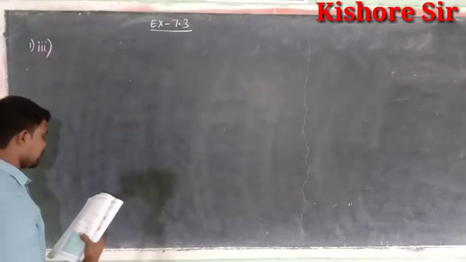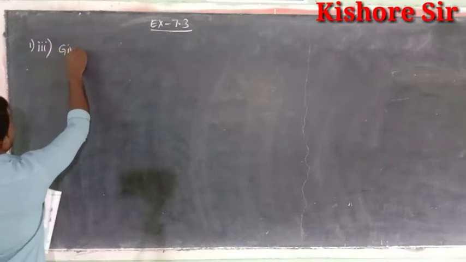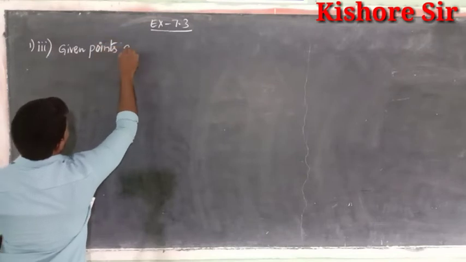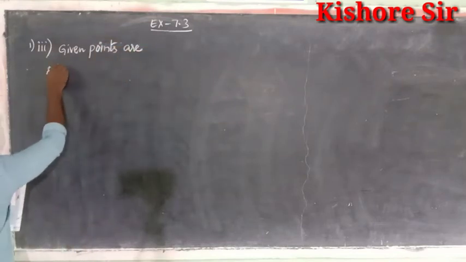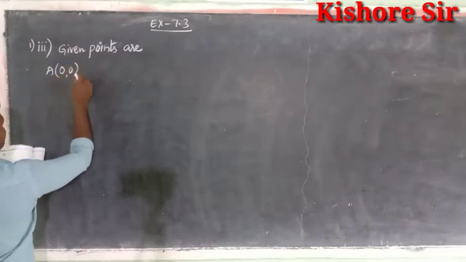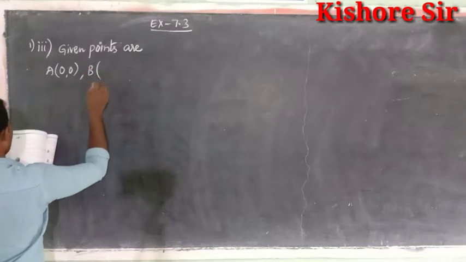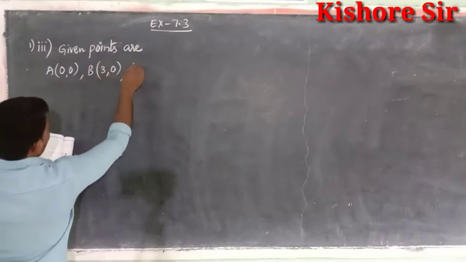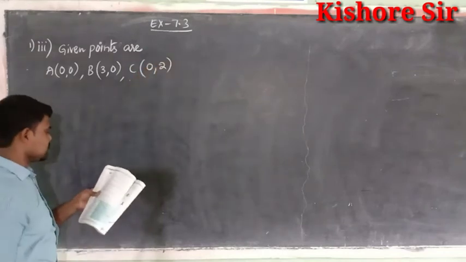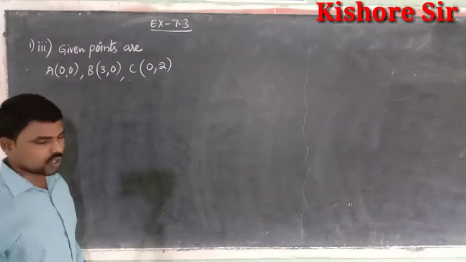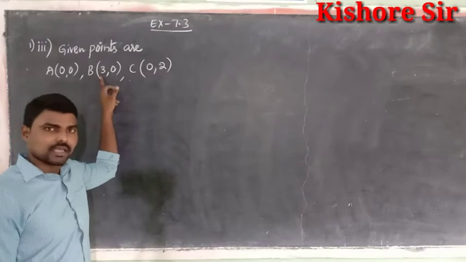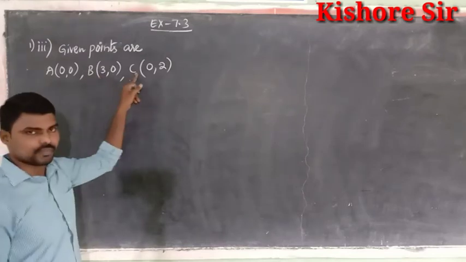So see here, the given points: the first point we can take as A (0, 0), the second point B (3, 0), and the final point C (0, 2). 0, 0; 3, 0; and 0, 2 are the vertices of the given triangle. We have to find the area of the triangle ABC.